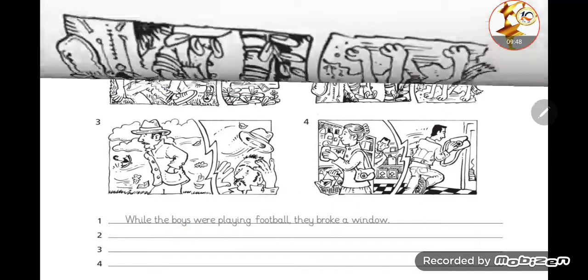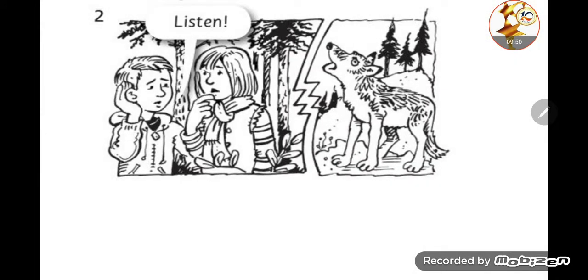Okay? Now let's move to picture number 2. What were they doing here in this picture? What were the two boys doing? So in the first picture we asked, what were the two boys doing?